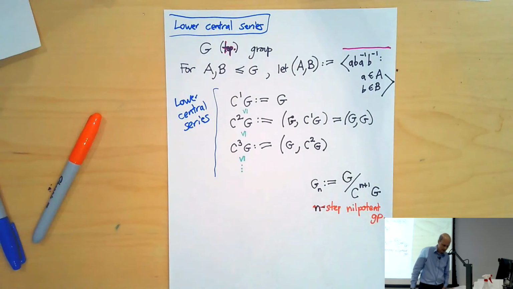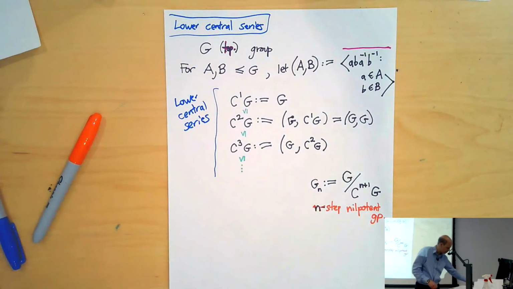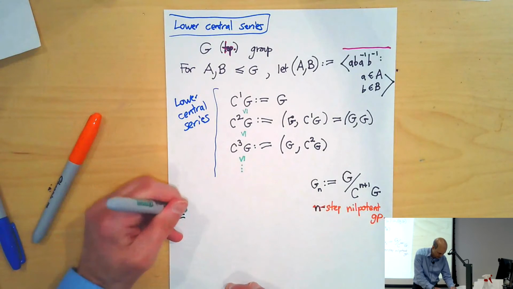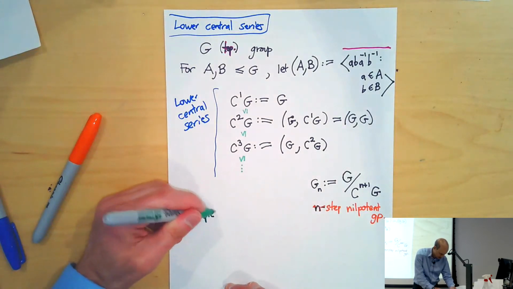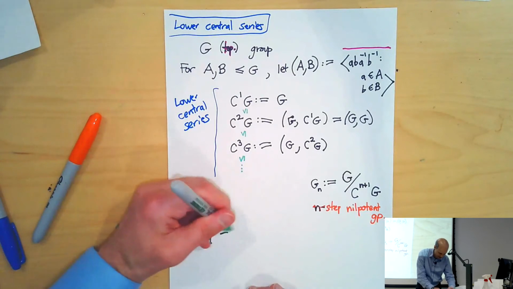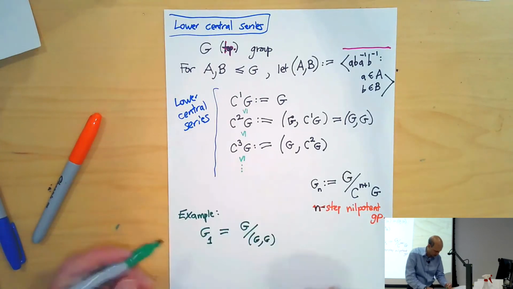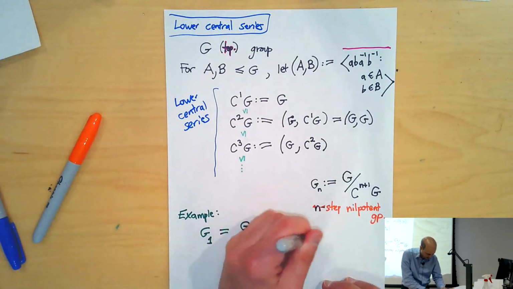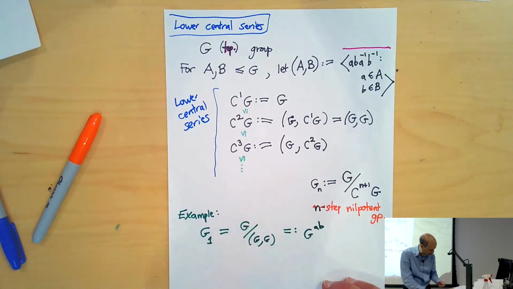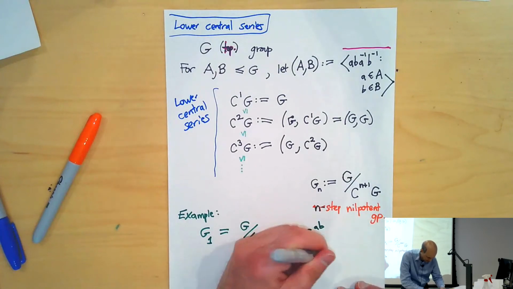So that's general group theory. And now as an example, if you take just G1, that's a one-step nilpotent group. That's just G modulo the commutator subgroup, which is also called the abelianization, G ab.